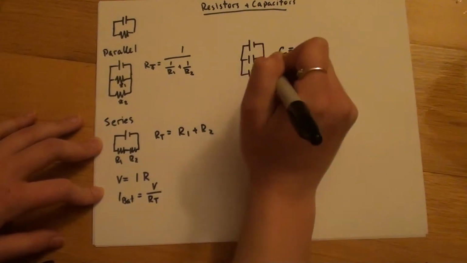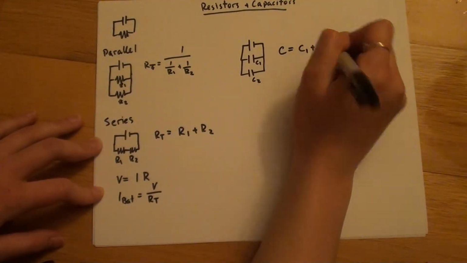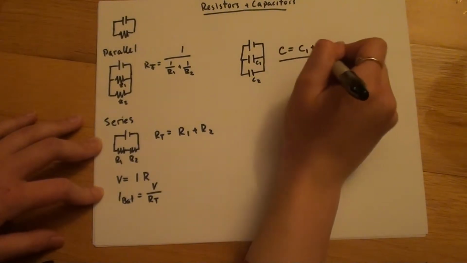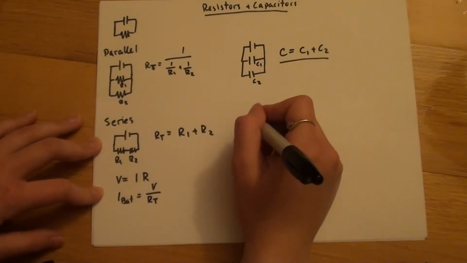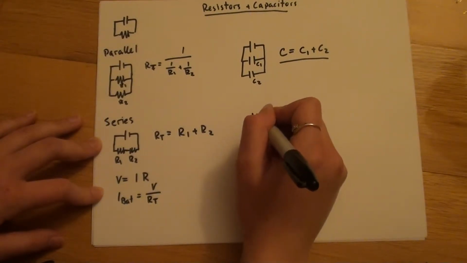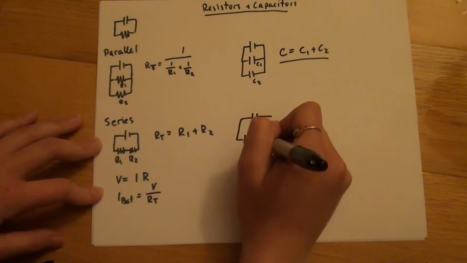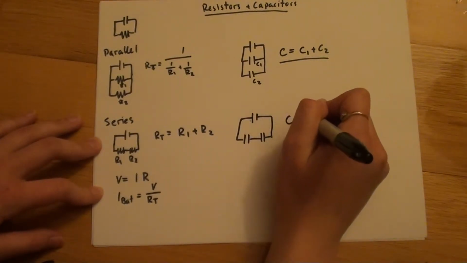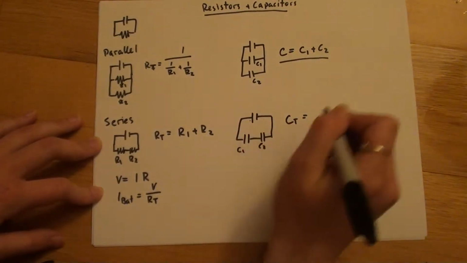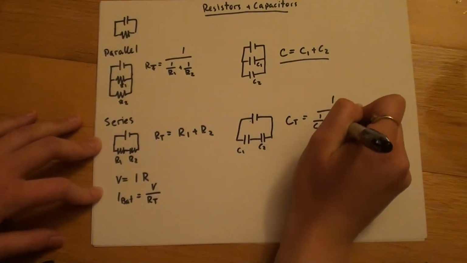So if this is capacitor 1 and this is capacitor 2, you just add the capacitances and you get this total. But in series, however, capacitors behave similarly to resistors in parallel. The total capacitance equals 1 over C1 plus 1 over C2.